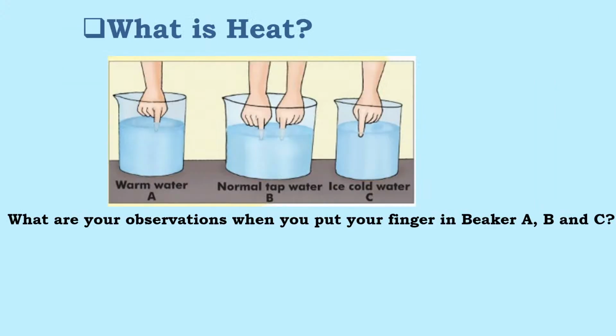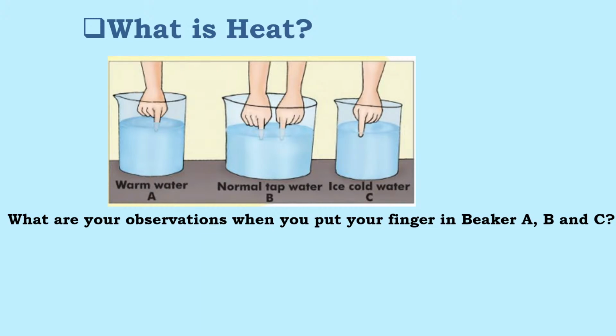What is heat? There is one activity now for you. There is warm water in beaker A. In beaker B, there is normal tap water, and in beaker C, there is ice cold water. We are going to put fingers in beakers A, B and C. What will you observe? Students, you are supposed to answer in the chat box.